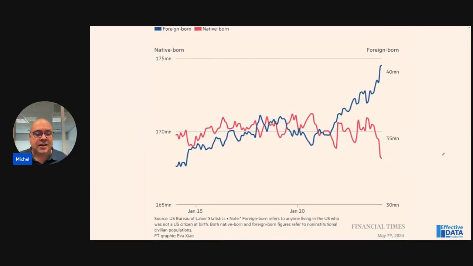So axes and legends and where it comes from, etc. As you can see, it was from May of the Financial Times. And this is about labor force. And you can see that apparently the foreign-born labor force has grown and the native-born labor force has stayed more or less stable. And again, these are US statistics.